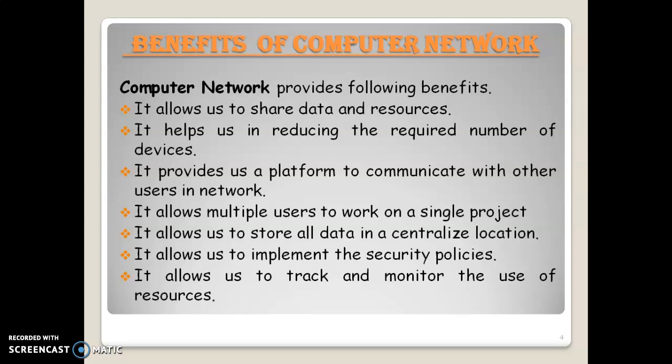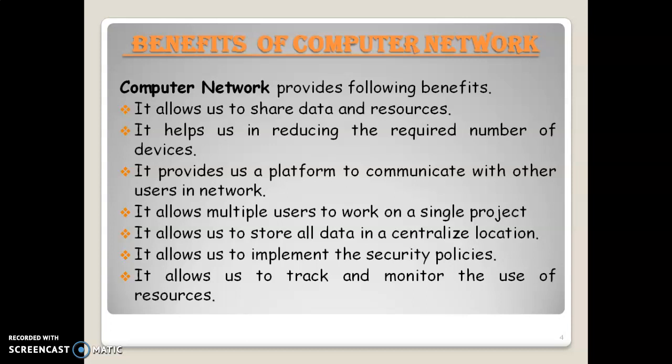Those protocols are related to policies, obviously. So we have to follow these policies and protocols whenever we connect in a network. Those policies also help in the security of data and users' private things.